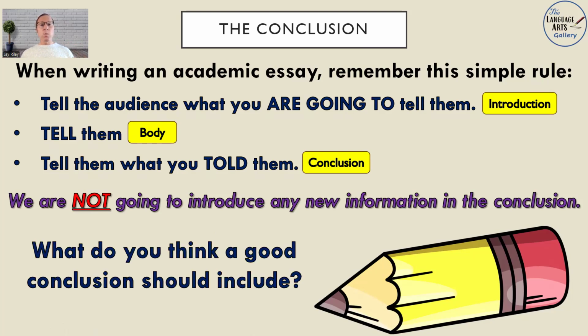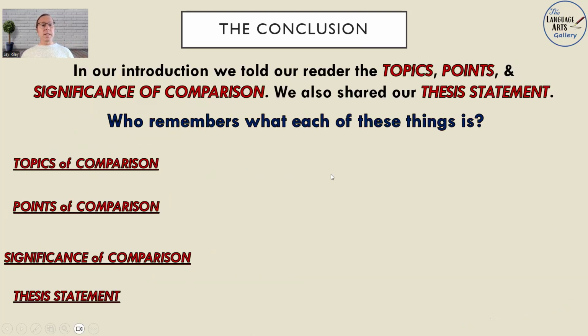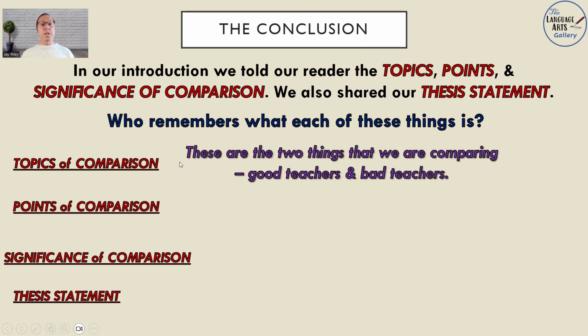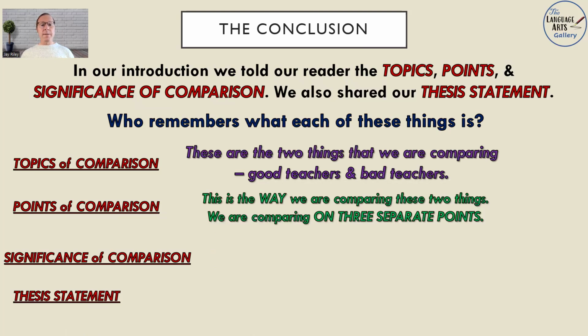So now let's look at what the parts of a good conclusion include. The first is restating our topics of comparison. Those are the 2 things we're comparing. In my mentor text that I just showed you, we were comparing good teachers with bad teachers. Then we have our points of comparison.